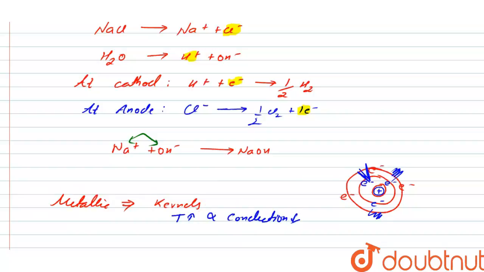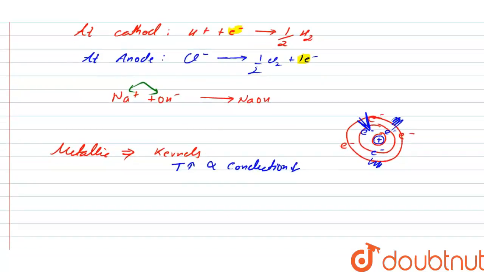In the case of an electrolytic conductor, if we increase the temperature, here we have ions. If the temperature increases, the force of attraction between the ions decreases.